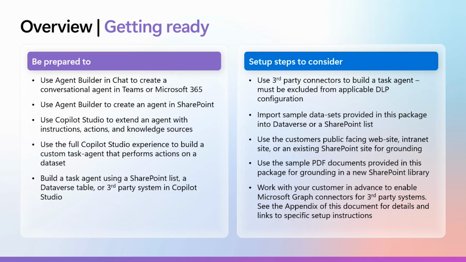Before we start with agents, we need to build the agent, so we need some preparation. We need to be prepared. As you see here, I can use Agent Builder and Chat to create a conversational agent in Teams or Microsoft 365. We need to use Agent Builder to create an agent in SharePoint, for example.